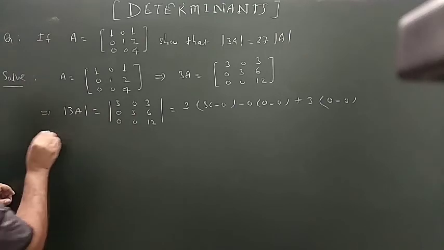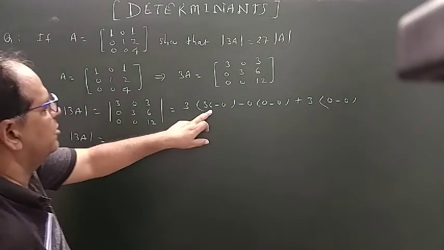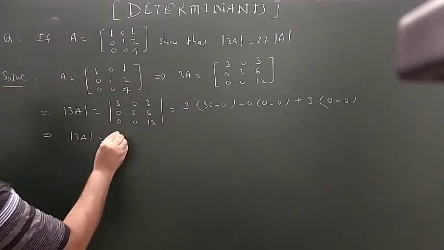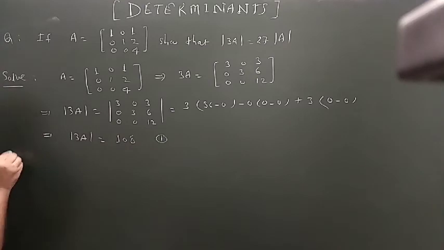So the value of determinant 3A equal to, we have 36 threes are 108. 108.